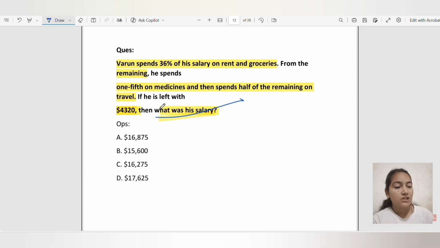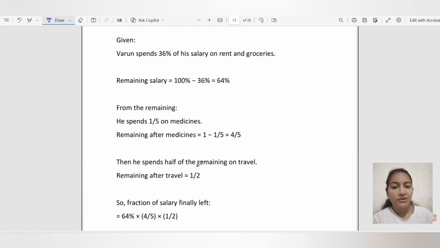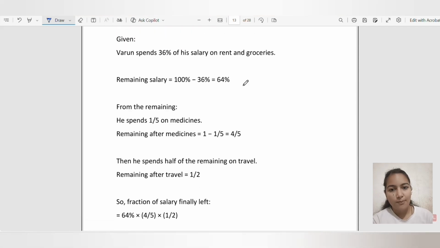So first, Varun spends 36% of salary on rent and grocery. We can assume that his salary is 100%.